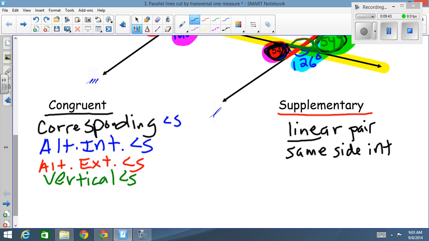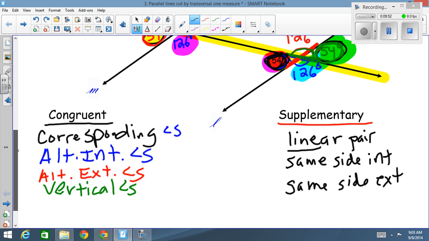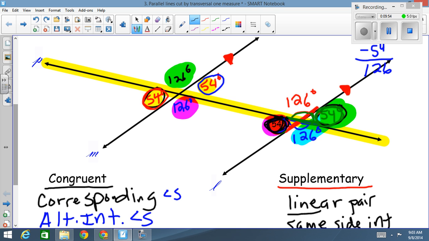So those are same side exterior. So these are special angle pairs. When you have parallel lines cut by a transversal, you can find all the angles if you're given one and you know what the angle measures are based on what type of angles they are.